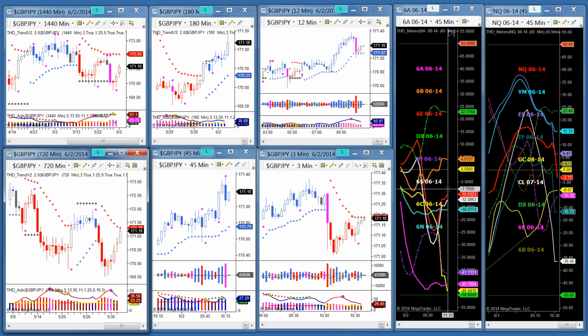There are so many different ways you can trade this, adding binaries to it. You couldn't go in the future because they don't have one for the British pound yen. I guess you could short the British pound and go long on the yen, maybe. I don't know. I wouldn't do it like that, but I guess you could, feasibly.